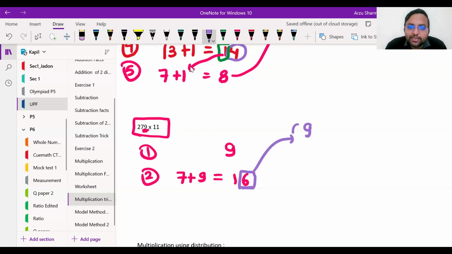That will become the tens digit of the product. And we keep the tens digit for now, as it is. Then the third step: we add the tens and the hundreds digit. So 2 plus 7 is equal to 9.